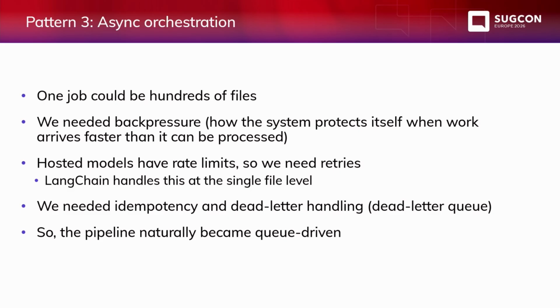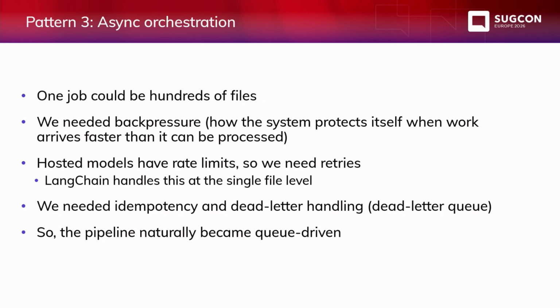So clearly, with a repository that might have hundreds or thousands of files, it's very easy to queue those up, but we do have a dependency on that model to return responses. Hosted models do have rate limits, and so we need retries. LangChain and other SDKs like the Vercel AI SDK handle a lot of this for you quite well at the single file level, but we need general system resilience around this.